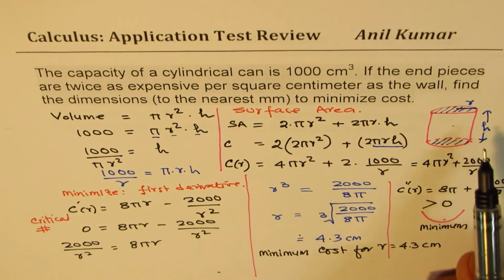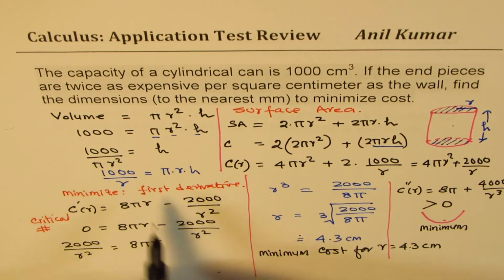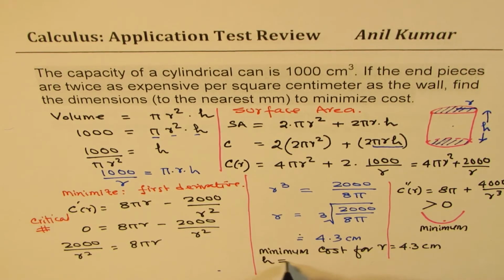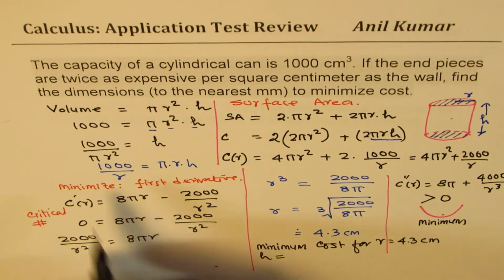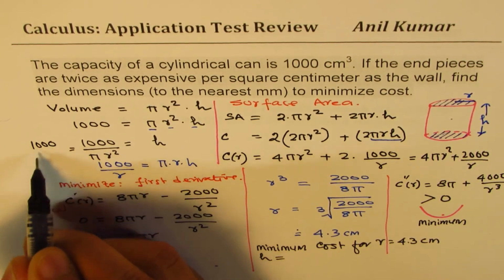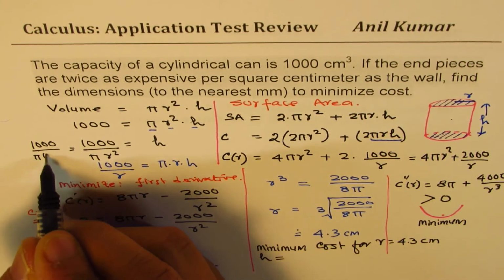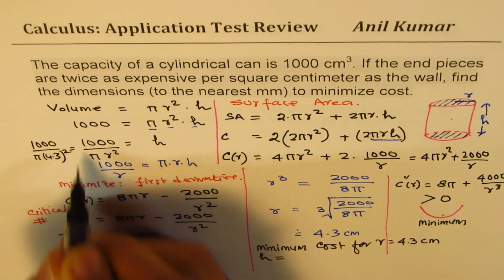Now dimensions means height also, correct? So now find the height. You can use this formula. So height is how much? Height is equal to 1000 divided by pi r square. So let's do this here. So we have 1000 divided by pi times 4.3 whole square.